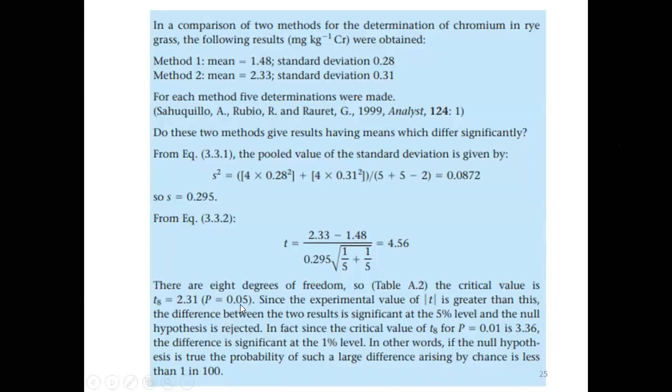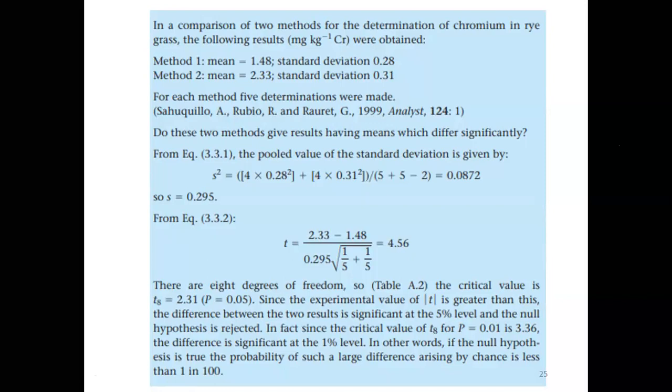When P equals 0.05, that means 95% confidence. And see, the experimental value is 4.56, right? The calculated value is 4.56, but the value we got from the table is 2.31. The magnitude of the experimental value is greater than the critical value. So, the difference between the two results is significant at the 5% level, and the null hypothesis is rejected.